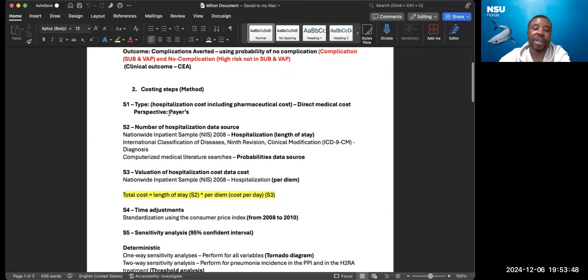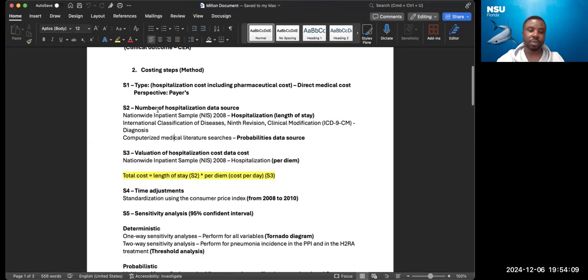If it is employer's perspective, normally they will do the indirect medical cost. So if you see indirect medical cost, normally it's either the employers, the patient, or the societal perspective. But this one, it was just direct medical cost, and it was stated in the article that they did payer's perspective.